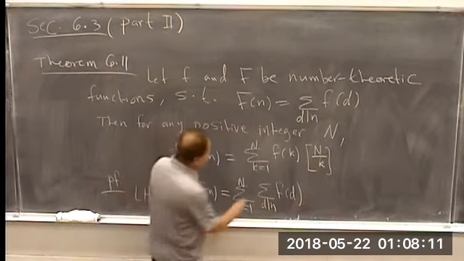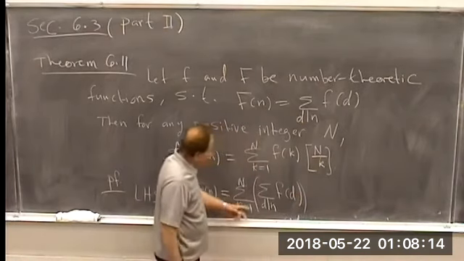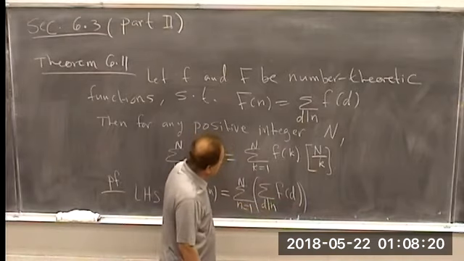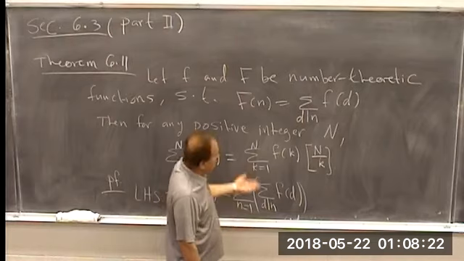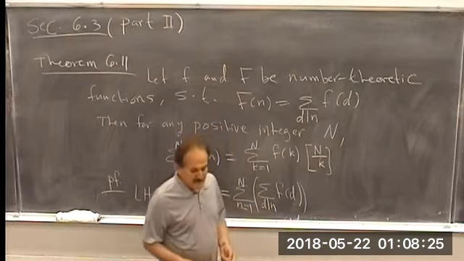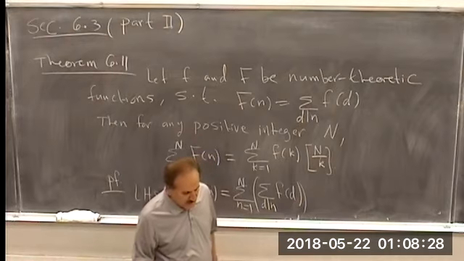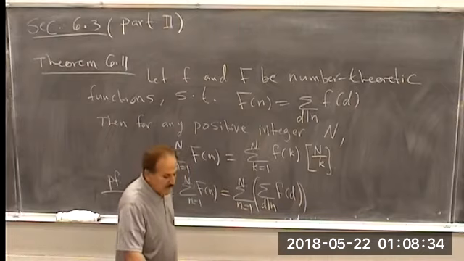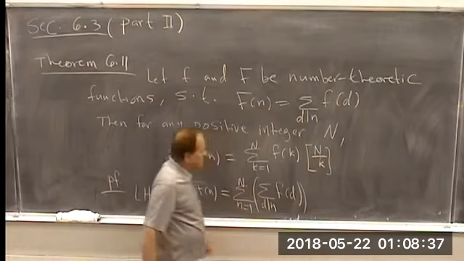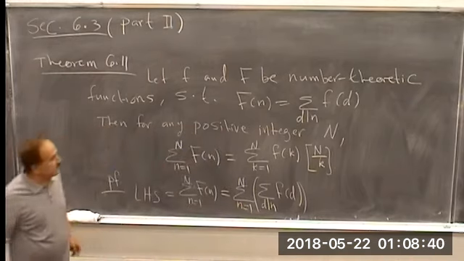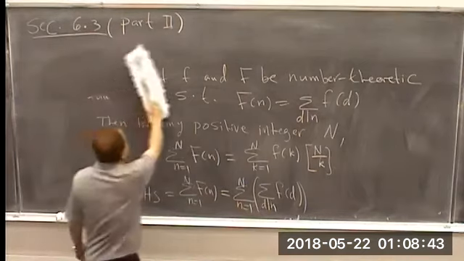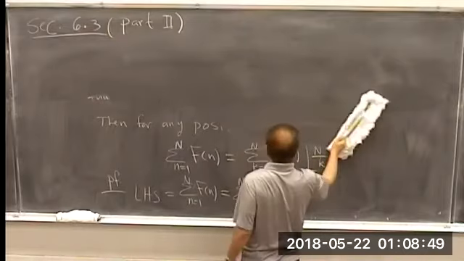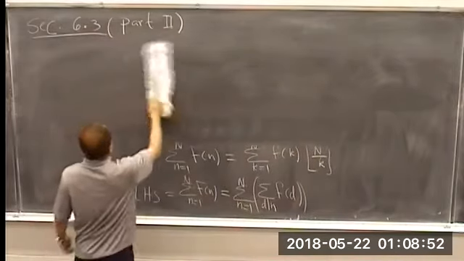Then in this double summation, we take n equal to 1 and run it through the inside summation, and then we take n equal to 2 and so on. So the idea is that we're going to collect all the terms with equal values that come from f of d. Let me write this down, and then we can look at an example of how we're going to achieve this. So this is the strategy that we're going to follow.